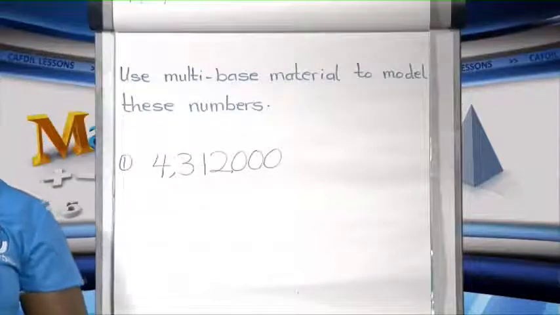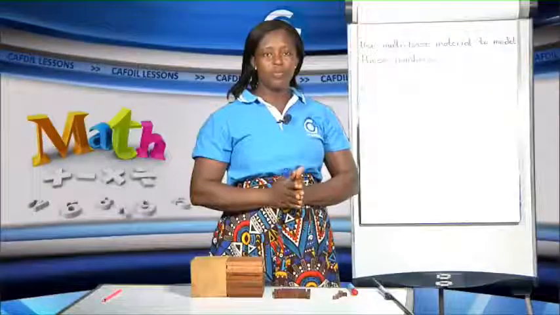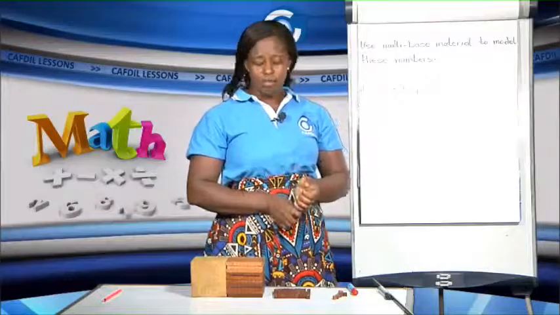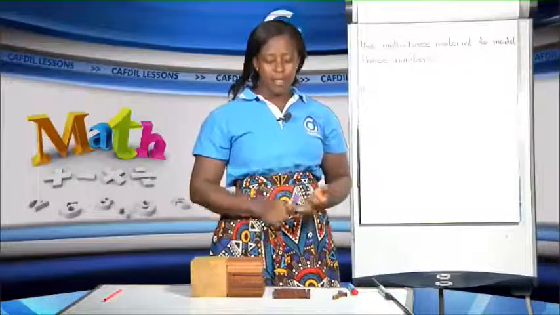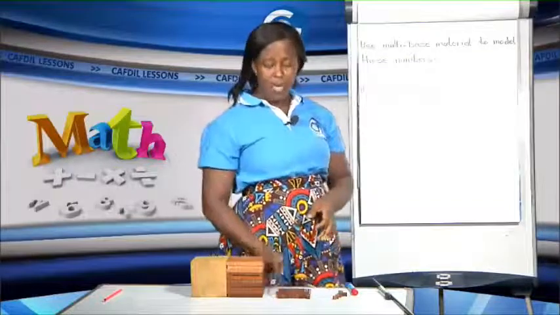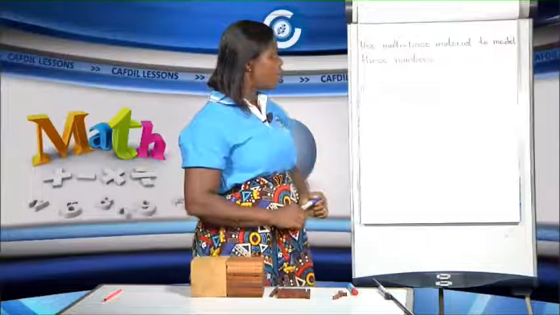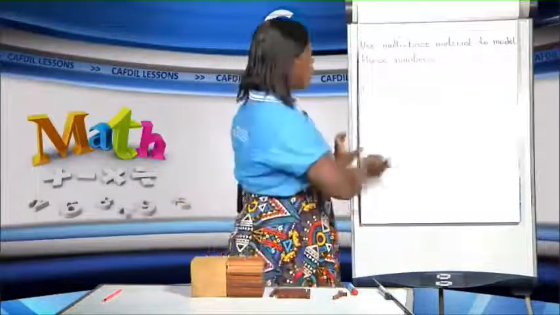Remember our key, the value of each of the multi-base material. We have the unit to be 1,000, the rod to be 10,000, the flat is 100,000, and a block is 1,000,000.